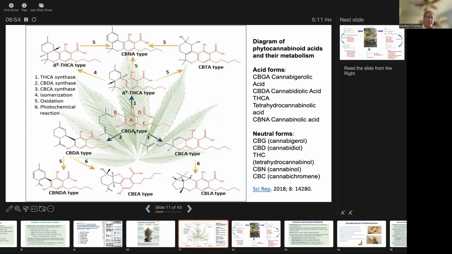The plant produces phytocannabinoids in the acid form. The mother of all is CBGA.